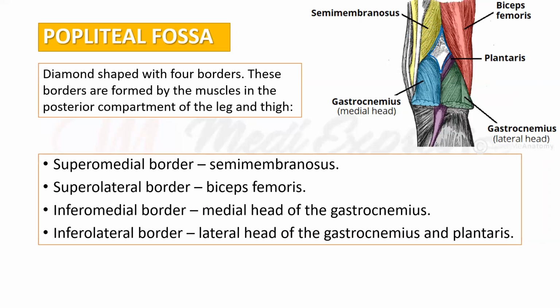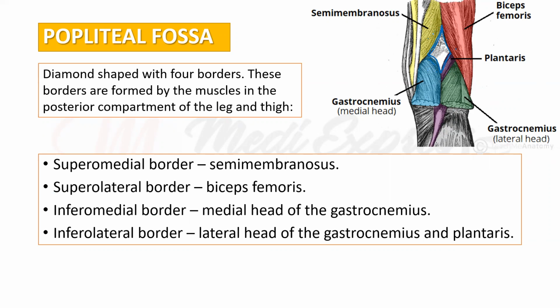Here, superior medial border, we have the semimembranosus muscle. In the superior lateral border, we have the biceps femoris. In the inferior medial border, this is the gastrocnemius, and that is the medial head of gastrocnemius. And in the inferior lateral border, we have the lateral head of gastrocnemius, as well as we have the plantaris. So these are the borders of popliteal fossa.